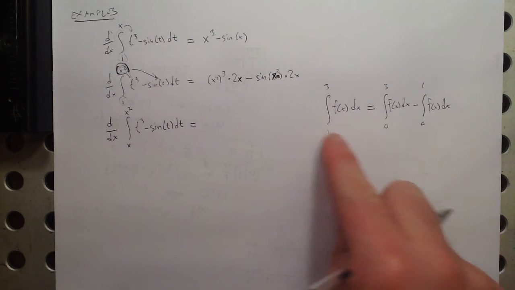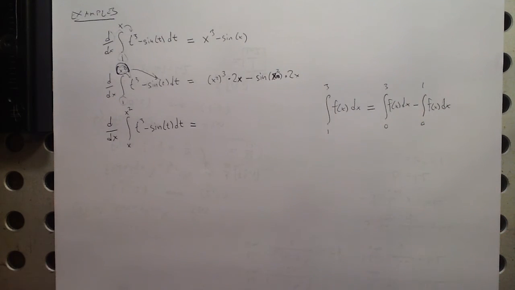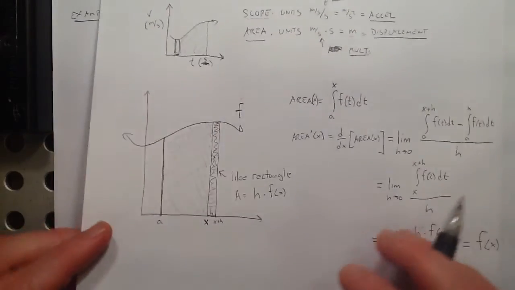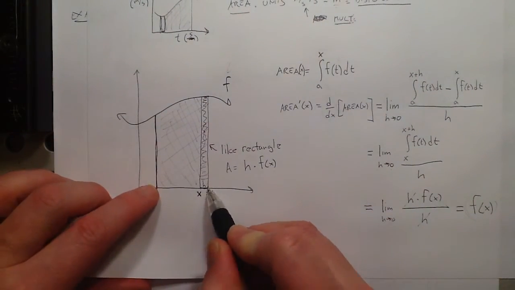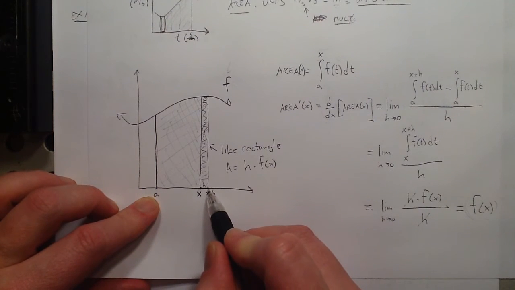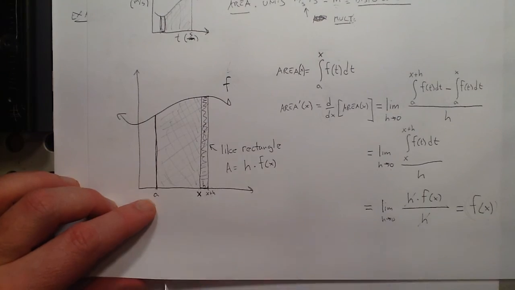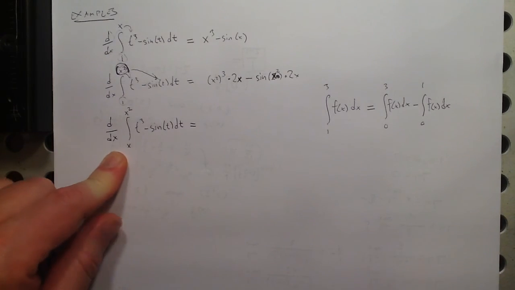We've already done problems like this. We're just manipulating areas. And in fact, we used that same idea here. We said this area from a to x plus h minus this area, well, that's just the area from here to here. So it's like our 0, 1, and our 3. Same idea, so we can apply that here.